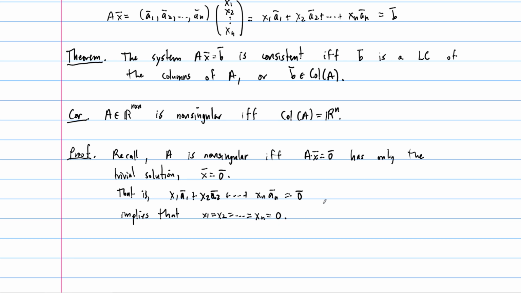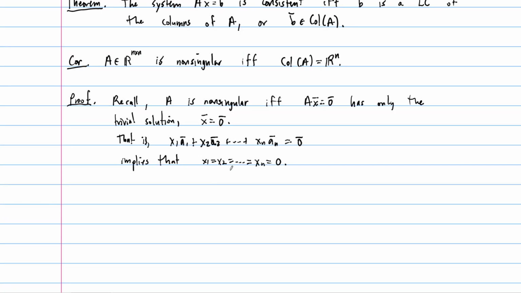So if this is true, what does that mean? Well, that's the definition of linear independence. So in this case, the columns a1 through an are linearly independent.